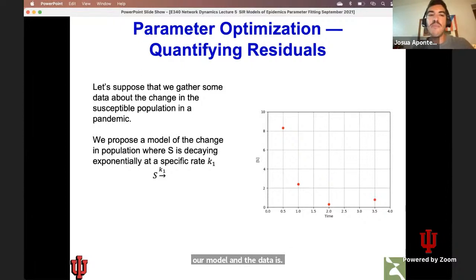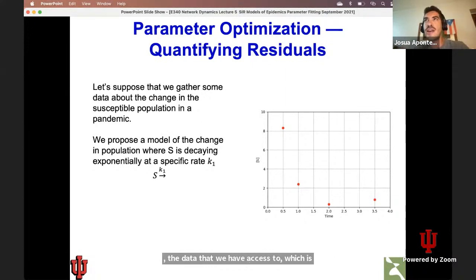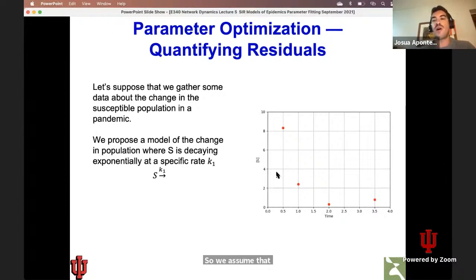In this particular example, let's suppose that we have access to the data, which is not usually the case, where the susceptible population is decaying exponentially. So we assume that our data looks like this, and that a model where our susceptible population decays exponentially is a good way of describing this data.